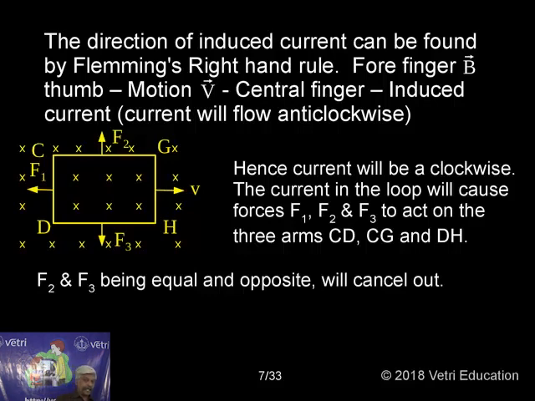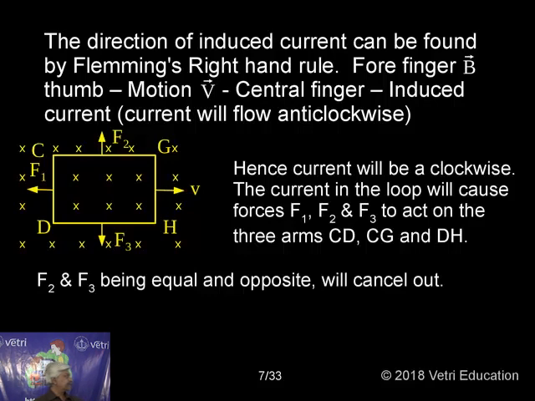How can you calculate the current? Induced EMF or current, both are the same. Induced EMF divided by the resistance will give the current. Current will flow anti-clockwise. So in this example I have given, C, D, E and F, electric field and force.